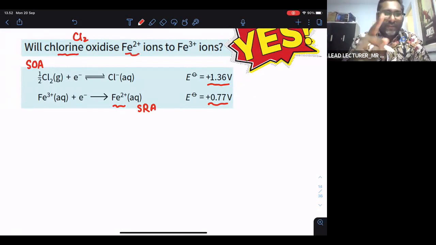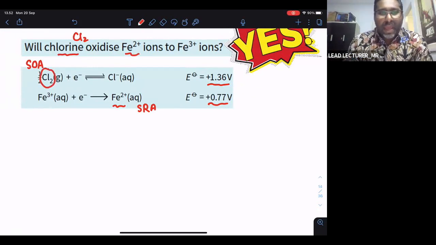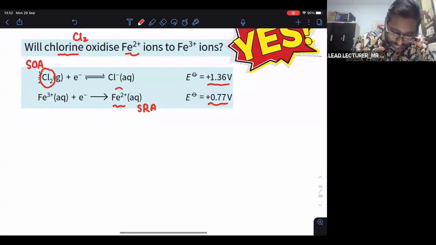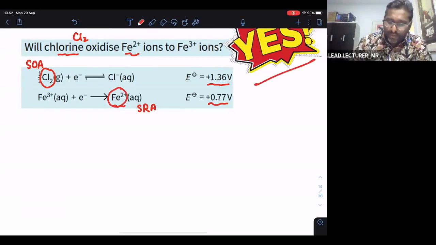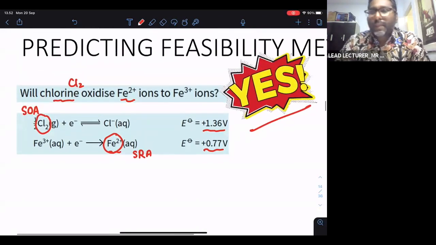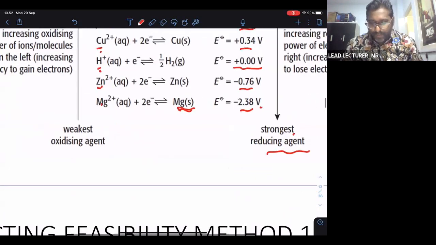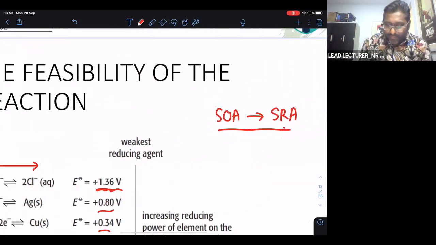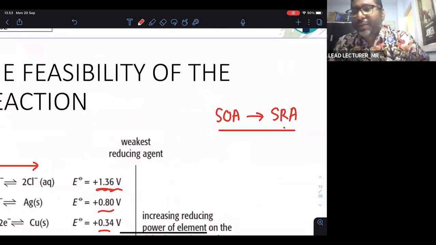Cl2 is a strong oxidizing agent. Fe2+ is a strong reducing agent. Can they react? The answer is yes. Why? Because they are good couples. A strong oxidizing agent will always try to oxidize strong reducing agents. Quite easy to understand.